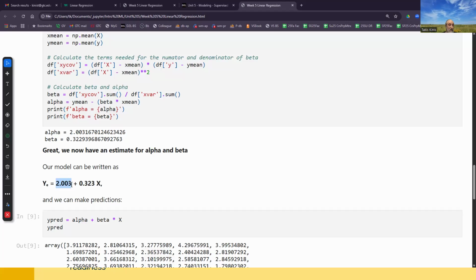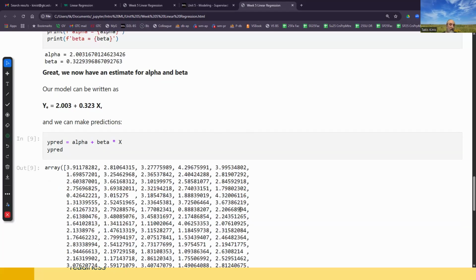This is the constant, the C, that's the point at which it intersects Y, and this is our slope. So it's kind of a flat line, right? A 1 would be like a 45, and the lower the number, the flatter it's going. It's going up, but it's kind of flat. And so anytime I pump in an X, I can multiply it by this number, add that value to it, and it'll tell me the Y.